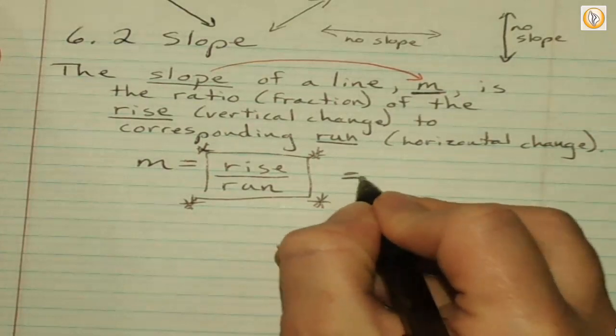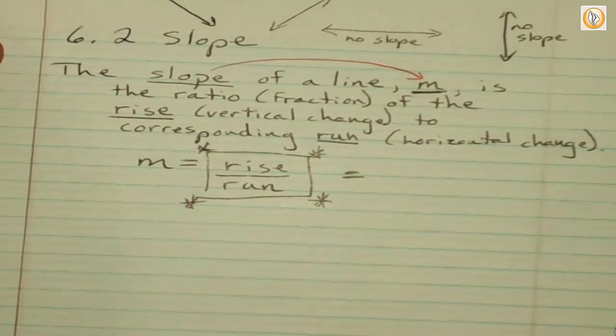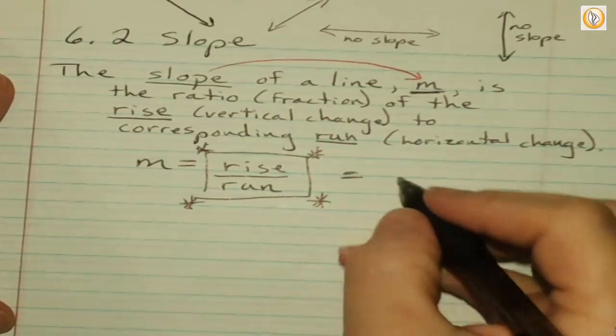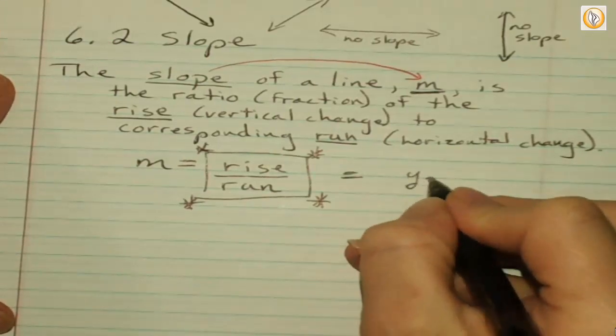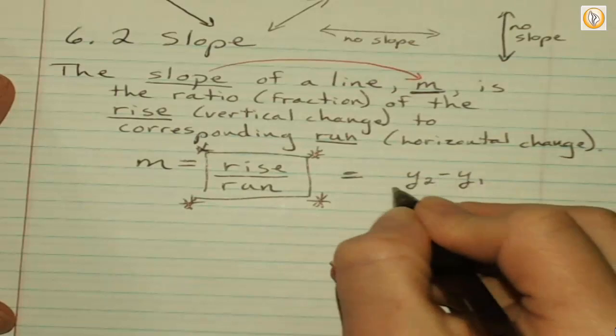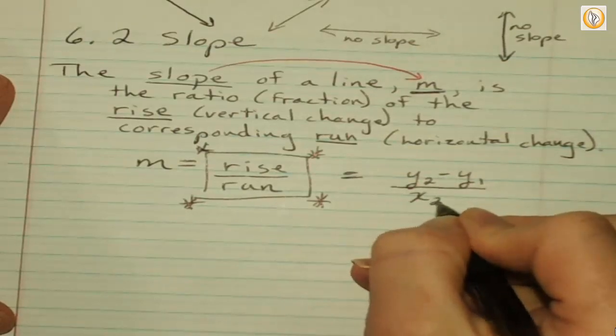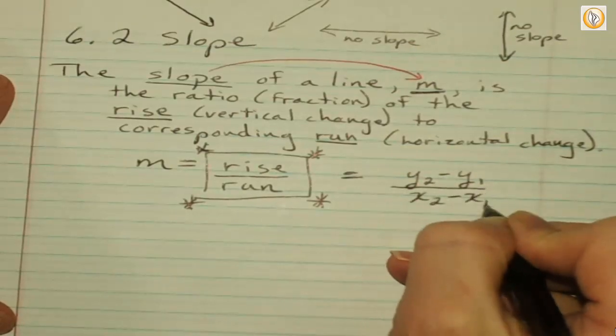Now, Miranda, I think this is what you're talking about. One of the formulas. Do you remember what it is? Y2 minus Y1 over X2 minus X1. Is that what you're talking about? Yes, ma'am.